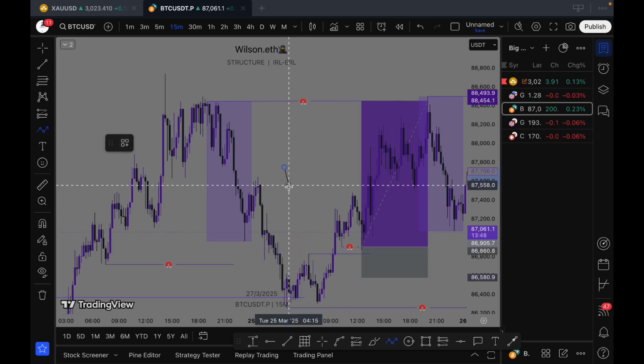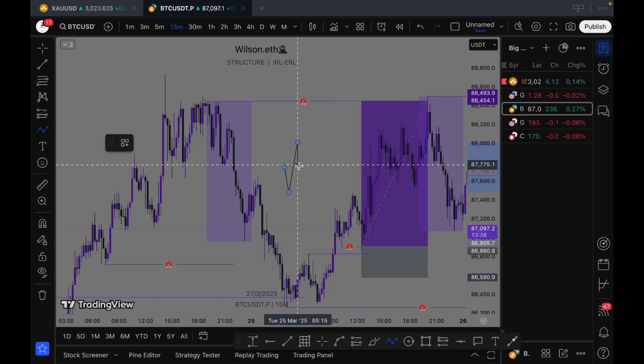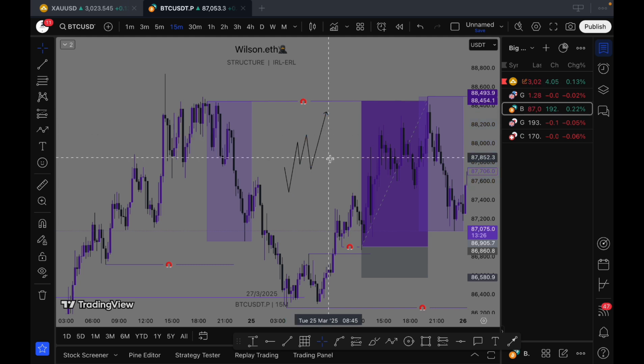If a breaker or an order block is being taken out, price comes back to fill this failed order block or breaker block. In other words, it comes back to create an inducement for it, takes out this high, price comes back to take out the inducement, taps into the breaker, then up. That is literally the move.